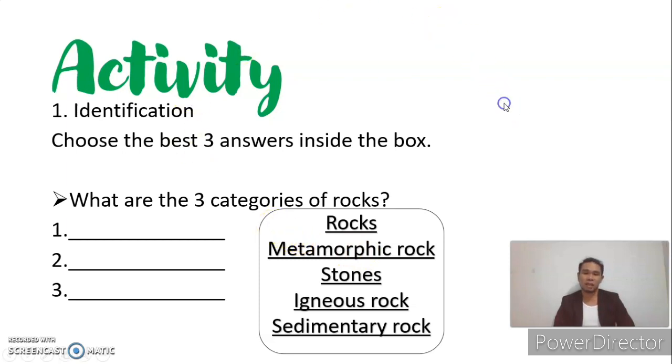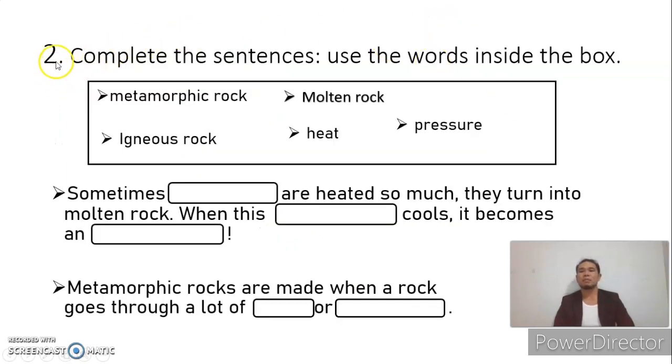And then the second activity, number two: complete the sentences. Use the words inside the box. The answers here are metamorphic rocks, molten rocks, igneous rock, heat, and pressure. Sometimes blank are heated so much they turn into molten rocks.